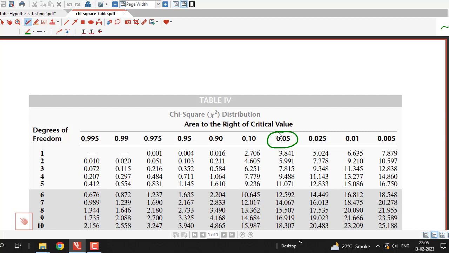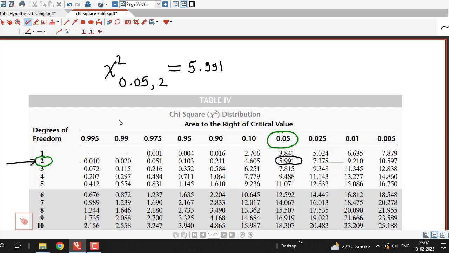Alpha is 0.05 and 2 degrees of freedom. So if we take the intersection of these two row and column, then what is the intersecting point? So this is the intersecting point. Let me remove this, and I have this chi-square critical value at 0.05 level of significance with 2 degrees of freedom, which is 5.991.